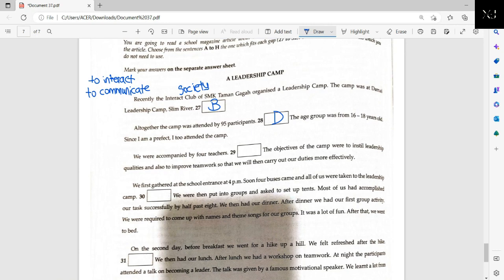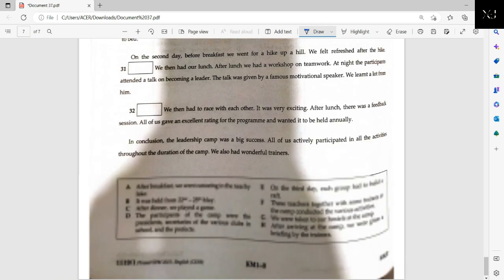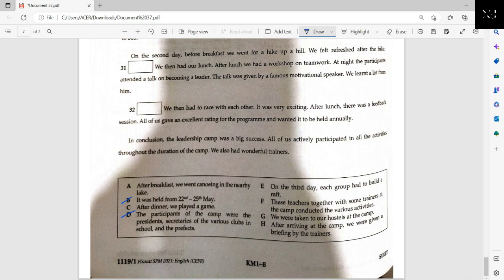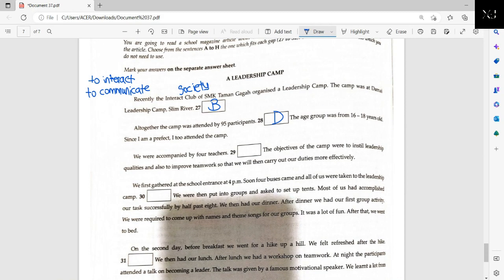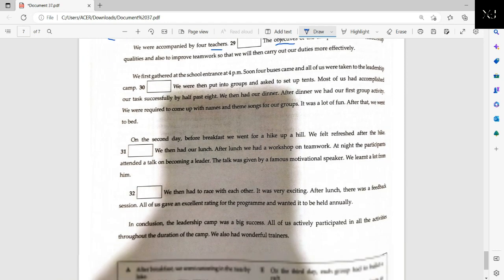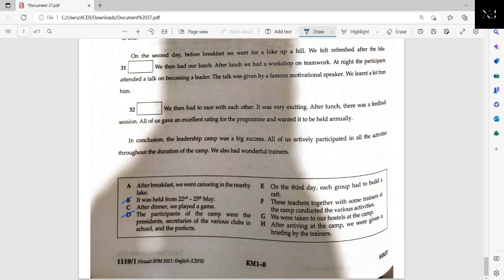So likely the answer that we are looking for is something to do with teachers or some more information about the camp, but I do not think it's more information about the camp because here they told you about the objectives already and they gave you background information for the first 2 paragraphs. So I think for question 29 they are going to elaborate more on the teachers. So let us look at the options below and see whether we have anything about the teachers.